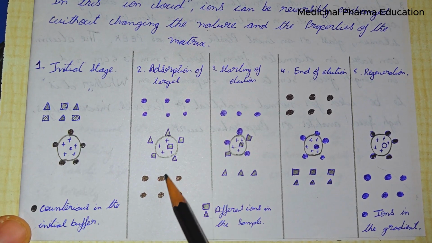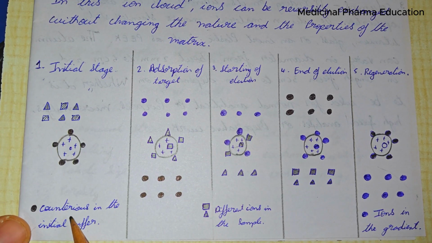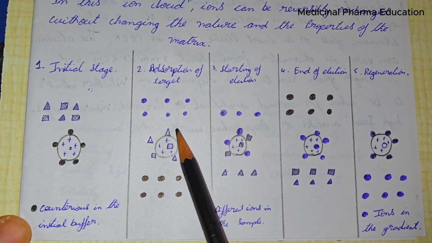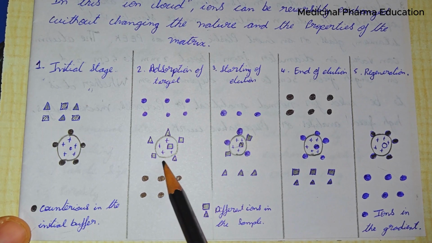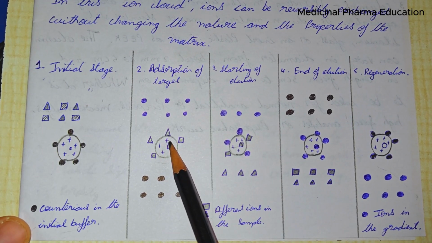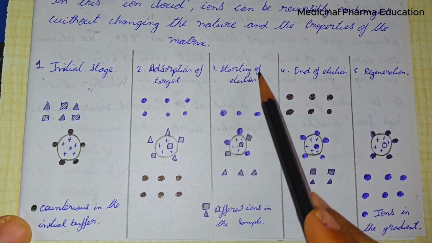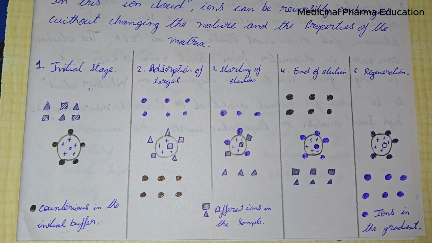After the initial buffer is eluted out, the target is bound on the stationary phase. Next, starting of elution, we will start the elution process.